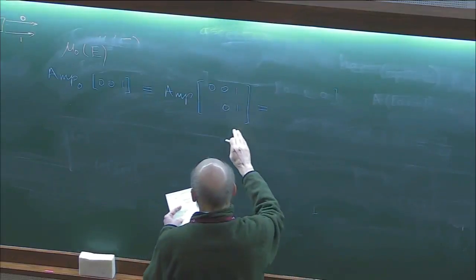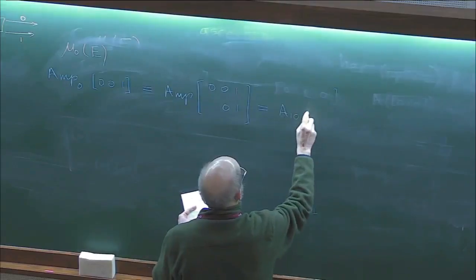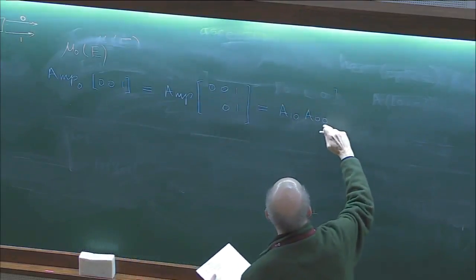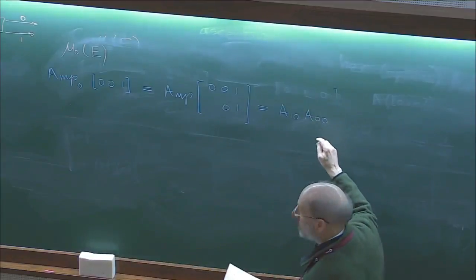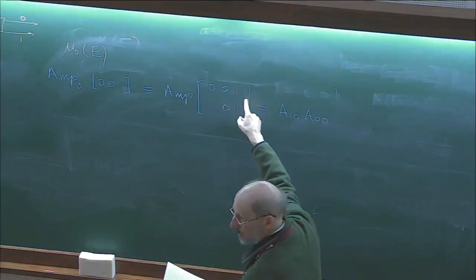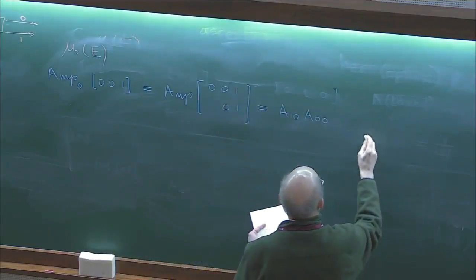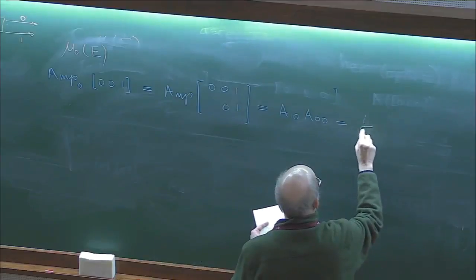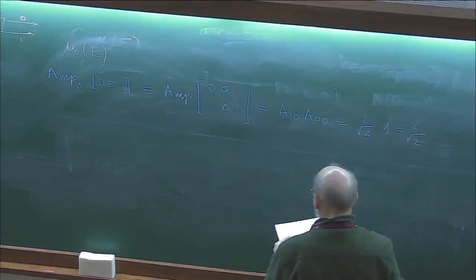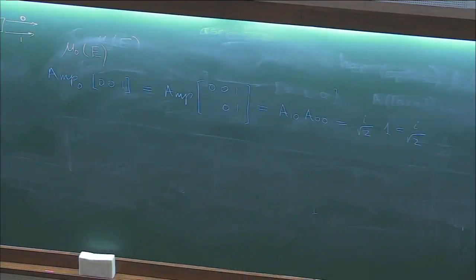These are essentially the same, and in this case it's A10 times 00 because I write these in the usual way from right to left for the transition. So this is the transition from 0 to 0, and this is a transition then from 0 to 1. And that's equal to, if you look at it, one reflection and one transmission. So it's equal to just i over the square root of 2, 0, 0, 1. So 0, 1 transmission, and then 1 reflection here. Okay. Anyway, we've seen that many times.